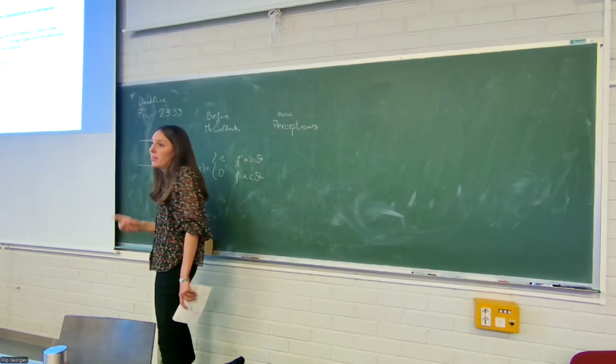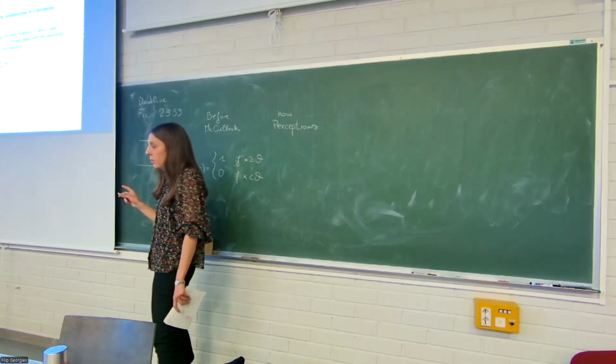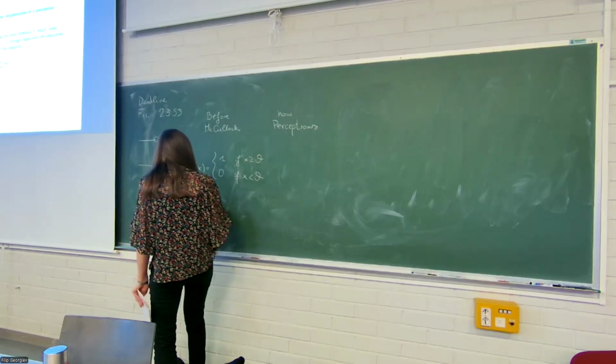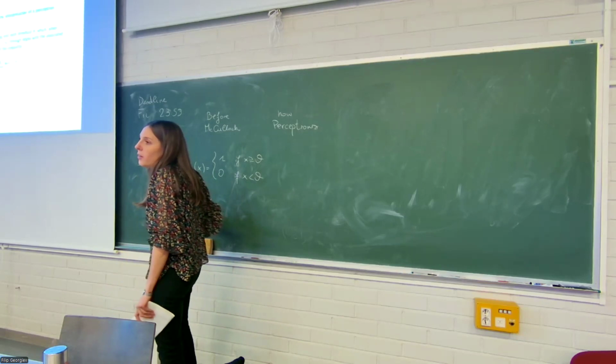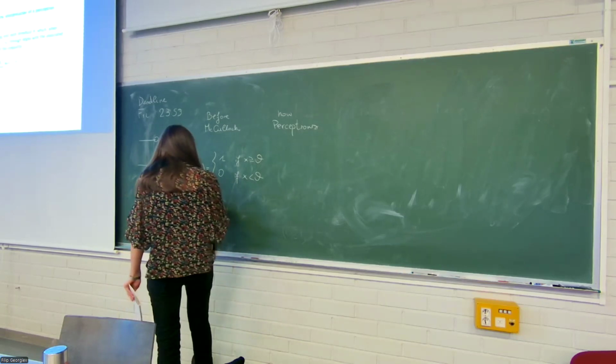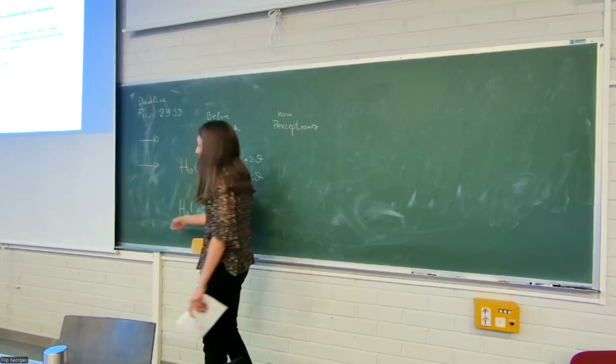No one is scared by this sum, have you seen that in other contexts? W's are weights, that's why I tried not to use it in other contexts before. Weights are always W's. This is the output.